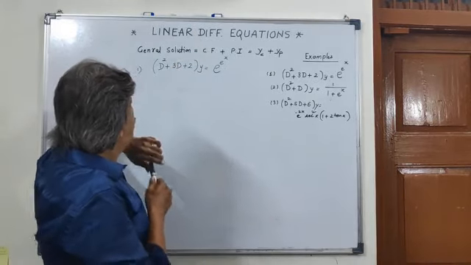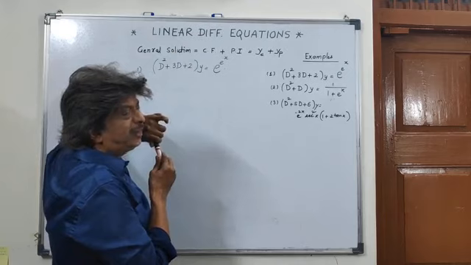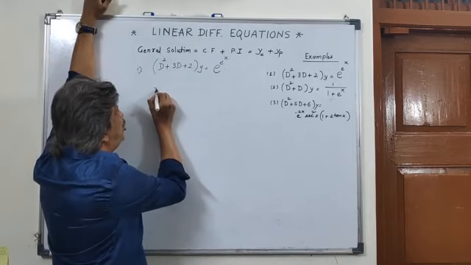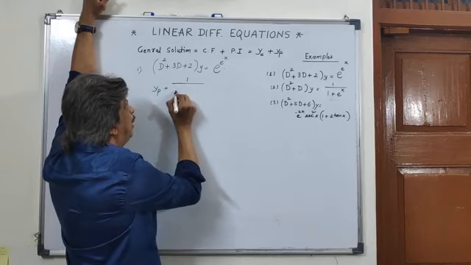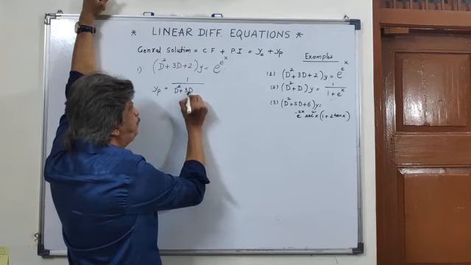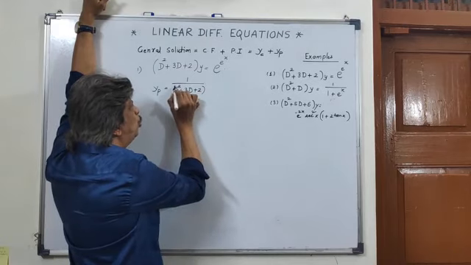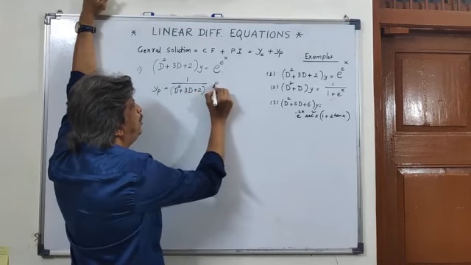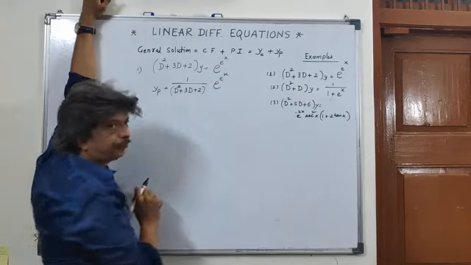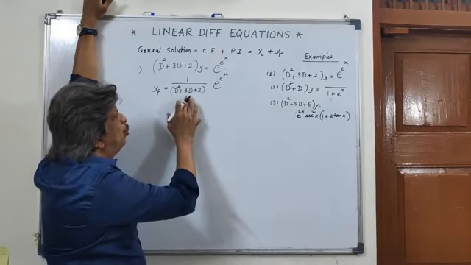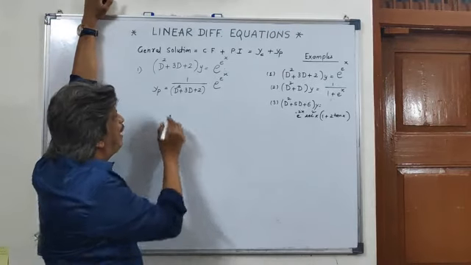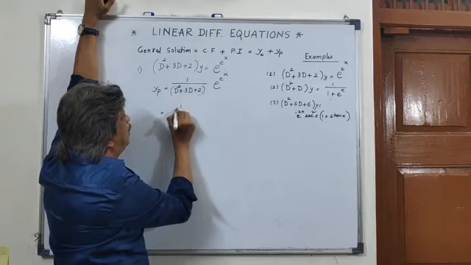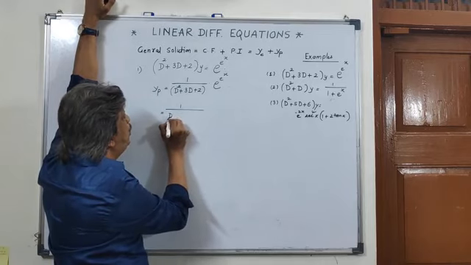Now, this is f of D into y equal to f of x. So yp, just as I told you, is equal to 1 upon D square plus 3D plus 2 into e to the power x. Now, this can be factorized into two linear factors: D plus 1 into D plus 2.